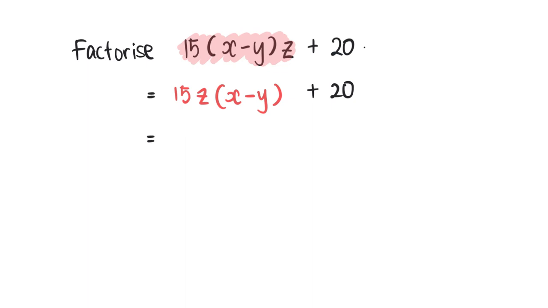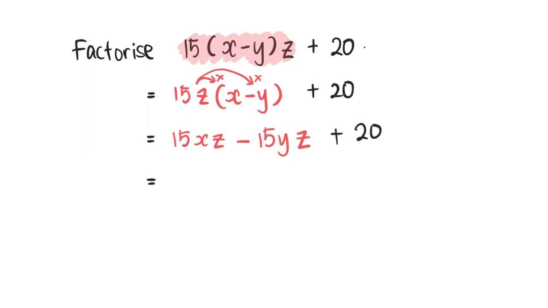So that I can then expand out 15z times x will be 15xz minus 15yz plus 20. And I notice that 15 and 20 can be divided by 5. Yeah?